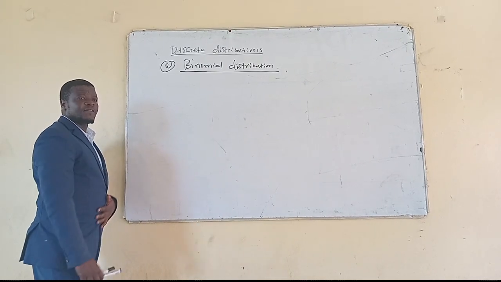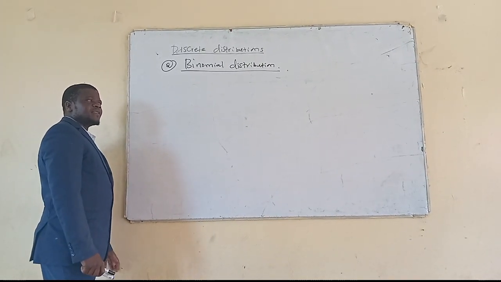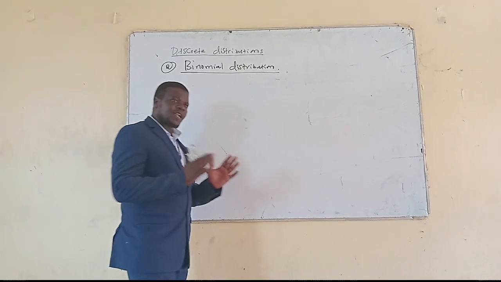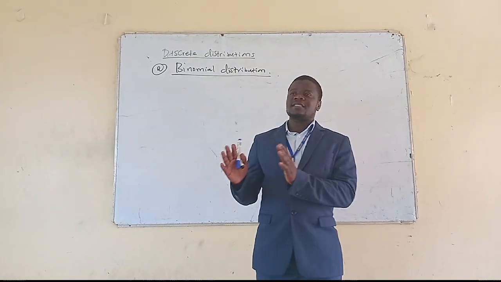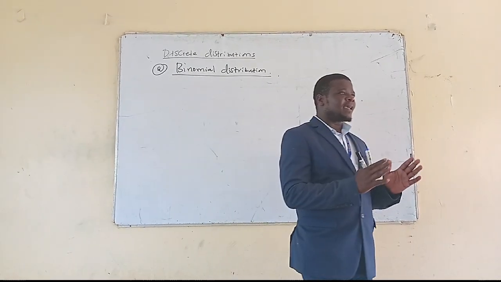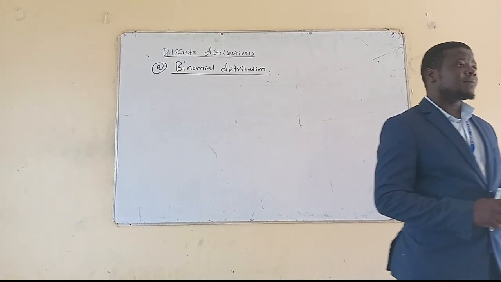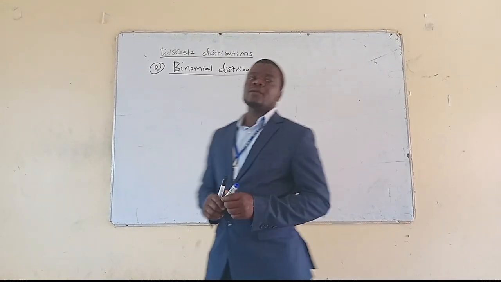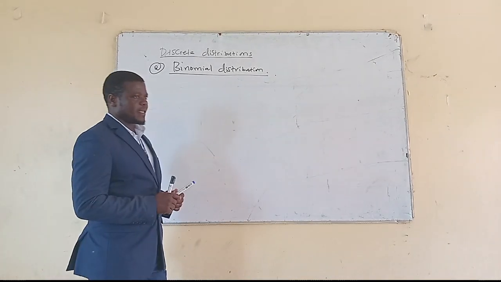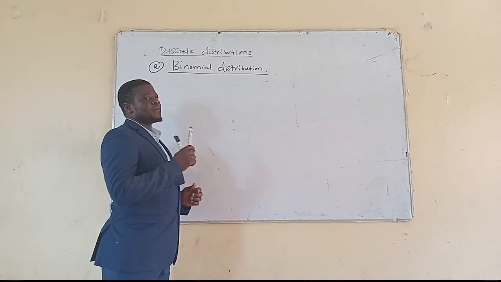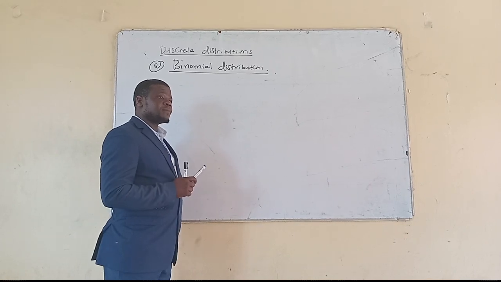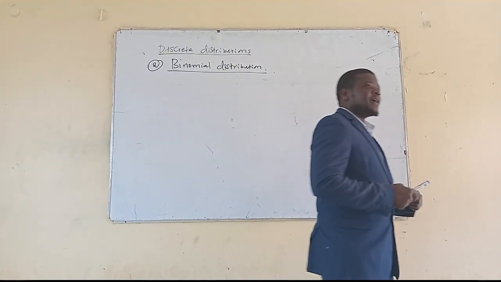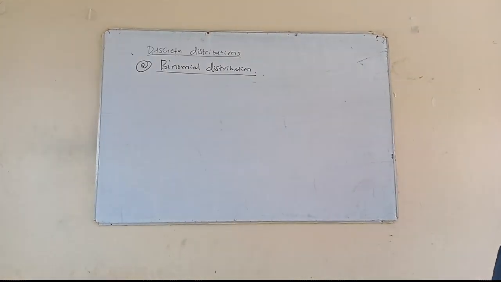Now, if you have an event whereby you have a number of successes in n independent trials, with the probability of success p and the probability of failure 1 minus p, then that kind of event follows a binomial distribution.